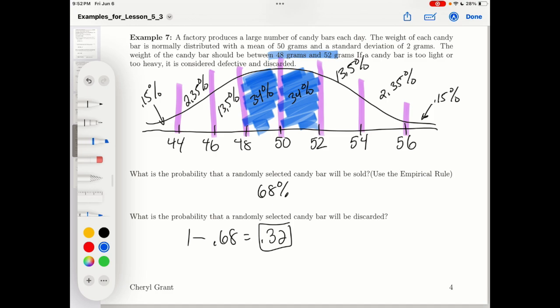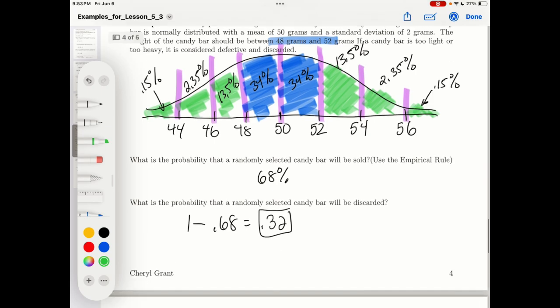The other way that we could do it is just add up all the other bars. So if I add up 13.5, 2.35, and 0.15, and then added up all these on the other sides, those are when it's outside the normal range. If we added up all of those percentages in green, we would get 32%.